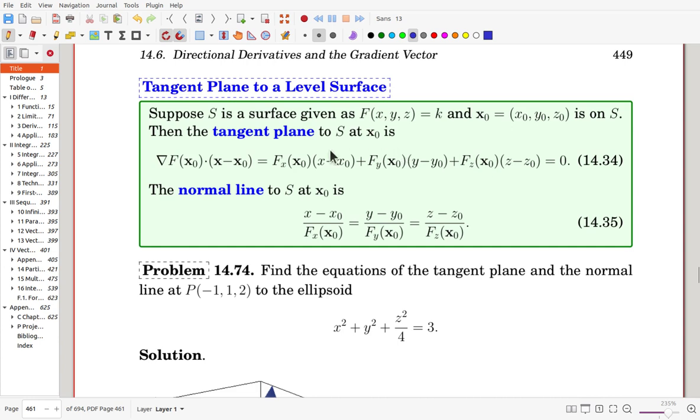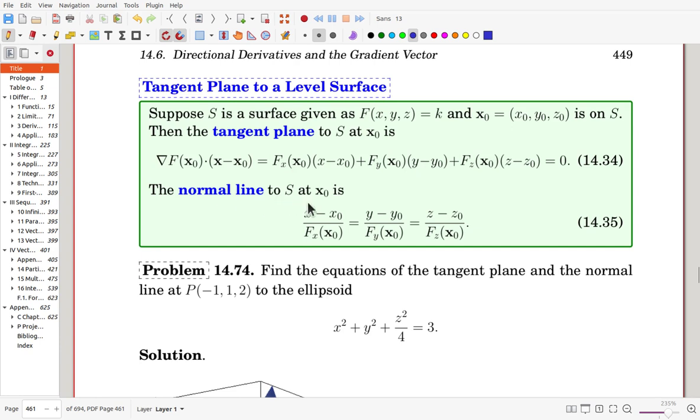We choose an arbitrary point, the point where we have to find the tangent plane. And at that point, gradient of F is normal. That introduces the equation of the tangent plane. In detail, we can write it this way: the dot product is 0.